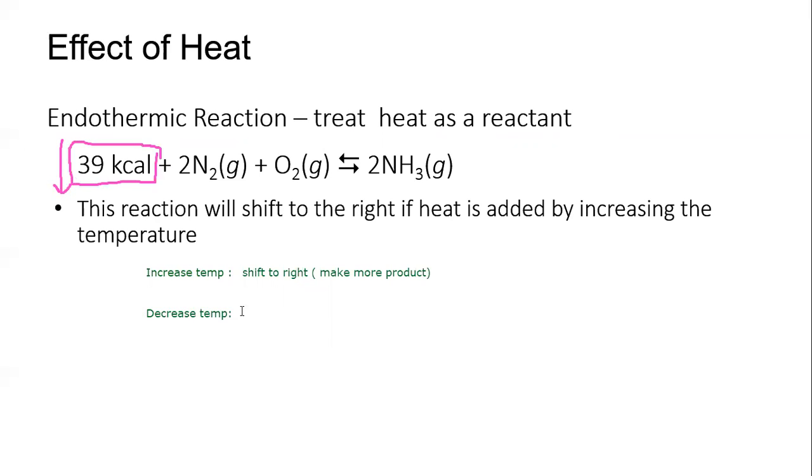So we decrease the temperature. It's going to shift to the left, make more reactant. So whether or not your reaction is endo or exothermic will dictate, when you increase temperature, which way it will shift, or when you decrease temperature, which way the equilibrium will shift.